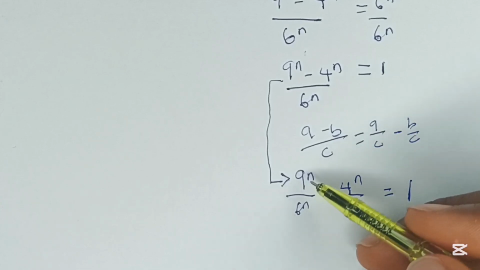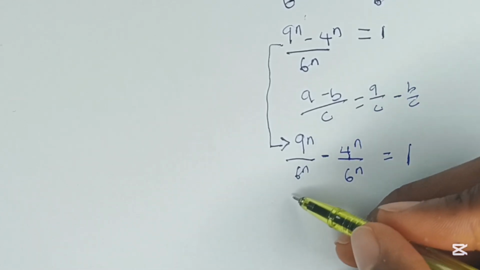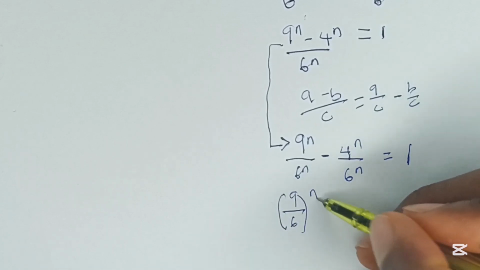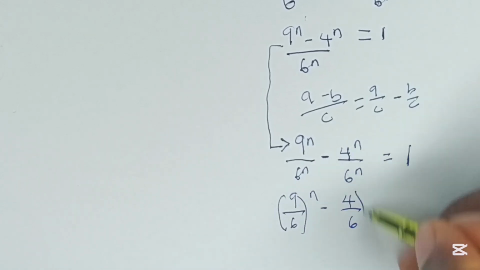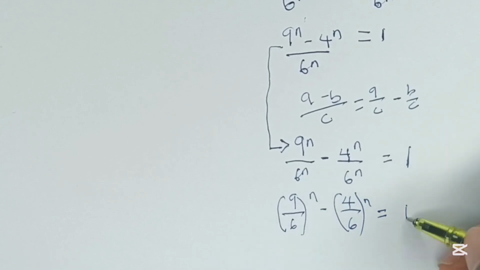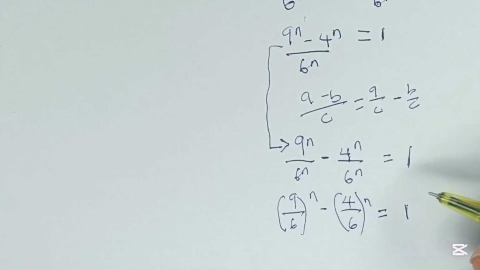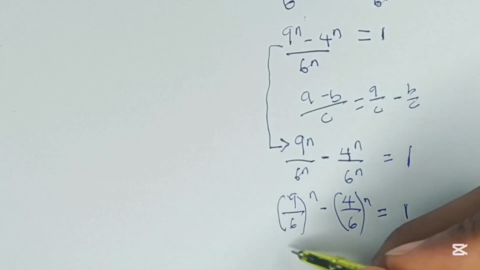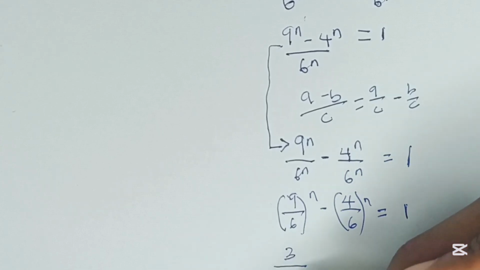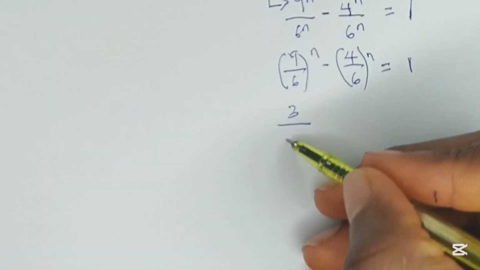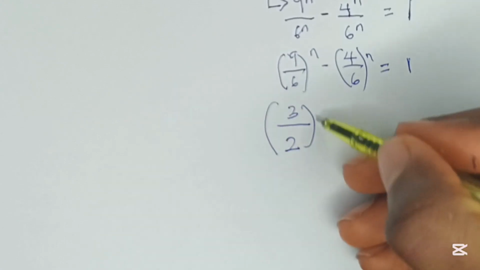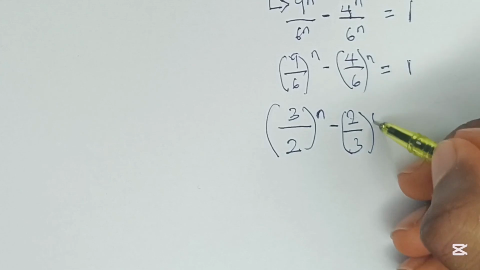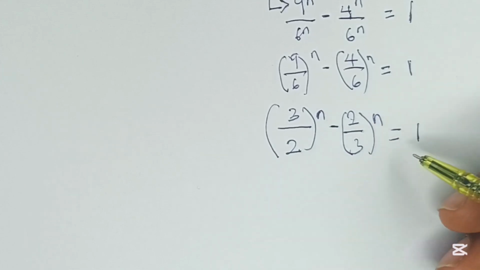Now reducing this, it becomes 9 over 6 all to the power of n minus 4 over 6 also all to the power of n is equal to 1. At this point you can reduce the fractions: 9 divided by 3 is 3, and 6 divided by 3 is 2, so we have 3 over 2 all raised to the power of n minus 2 over 3 all raised to the power of n is equal to 1.